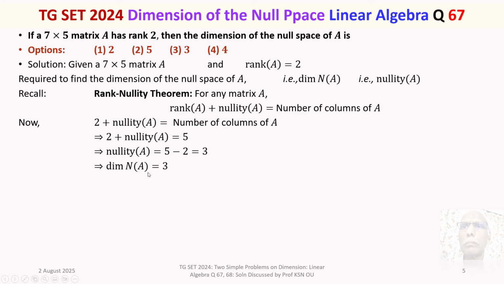So, the answer is 3 appearing against option 3. Therefore, the answer to this question is option 3. That is the detailed discussion of the solution of a problem from the section linear algebra, which is related to the dimension of the null space.